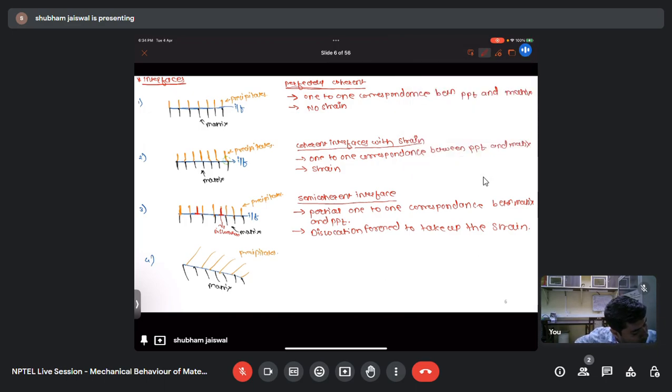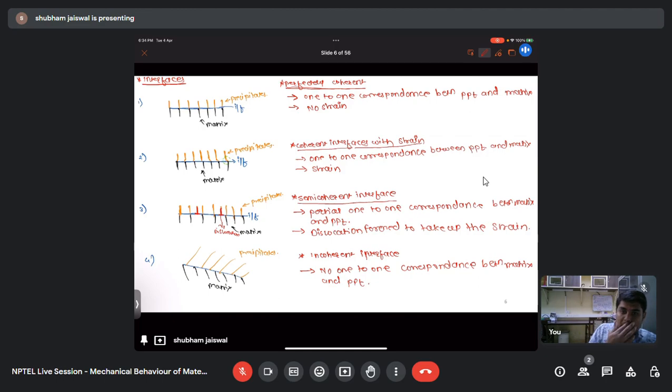This type of interface is known as incoherent interface, where there is no one-to-one correspondence between matrix and precipitates.